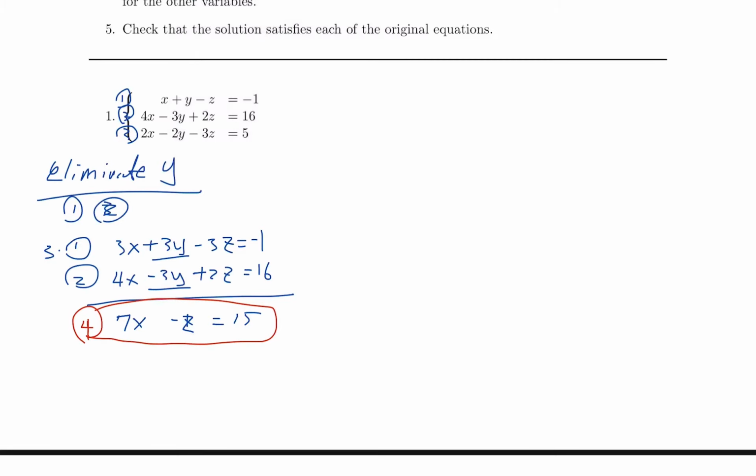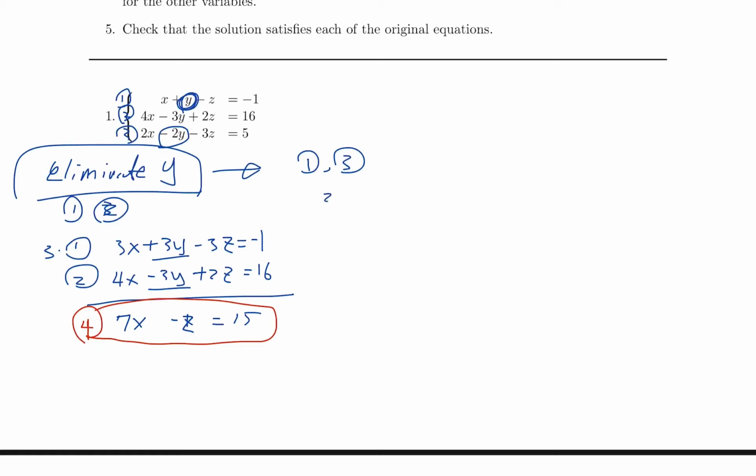Now, we're still eliminating y. So now we're going to look at equations 1 and 3. And you can also do 2 and 3. It doesn't matter as long as you eliminate y. So in order to eliminate y in the third equation, I have negative 2y. That means I have to multiply the first equation by 2.